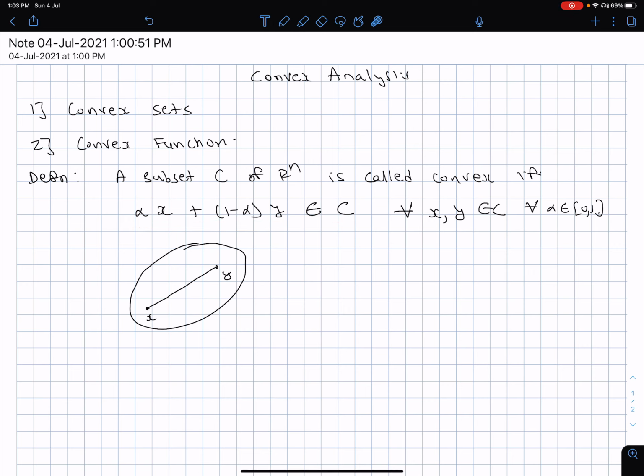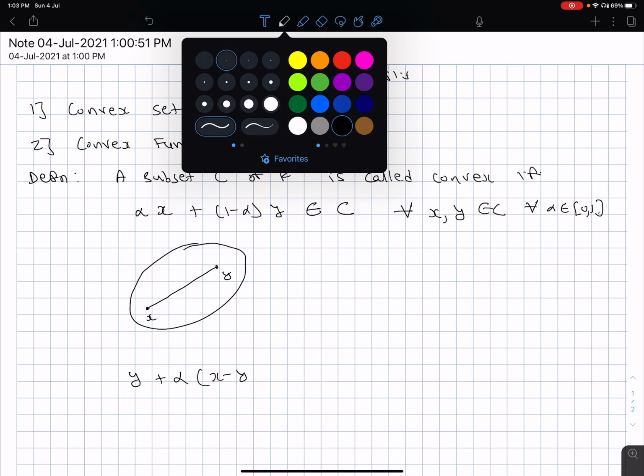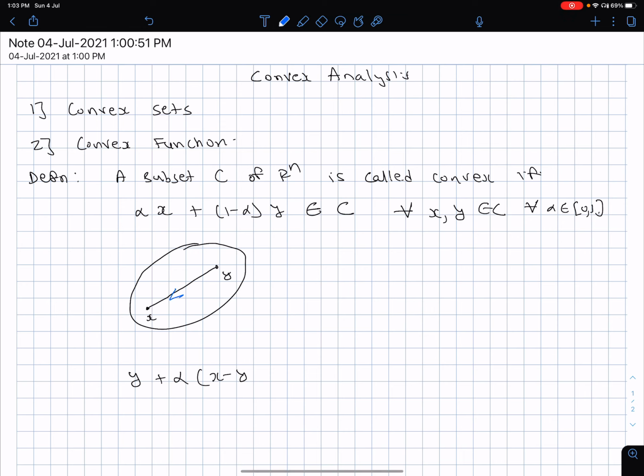So you start from point y, and go some distance up till here, a fraction of the distance of x minus y. So I take a fraction between 0 and 1 in this direction. If alpha is set to 0, where am I?